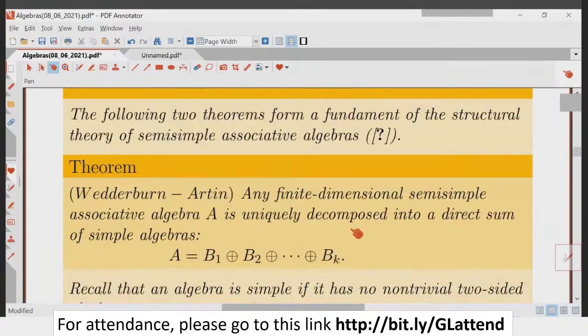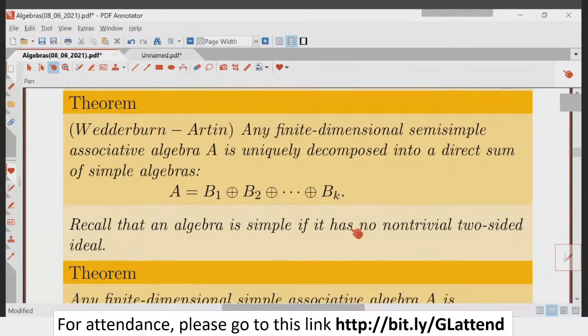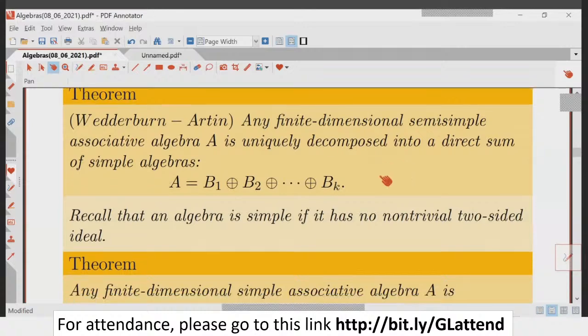Now, there is a fundamental theorem given by Wedderburn and Artin. Any finite dimensional, please pay attention, finite dimensional semi-simple associative algebra is uniquely decomposed into a direct sum of simple algebras.